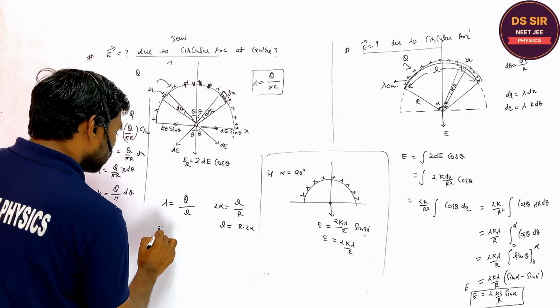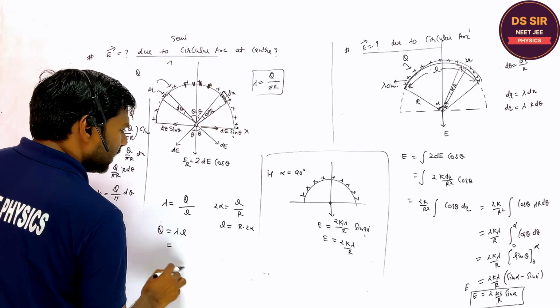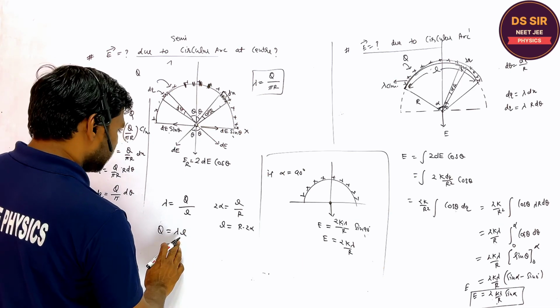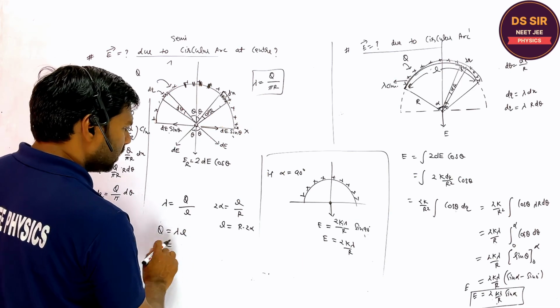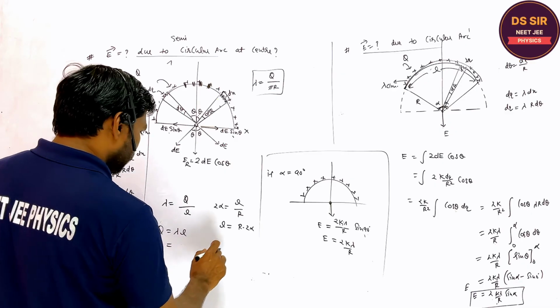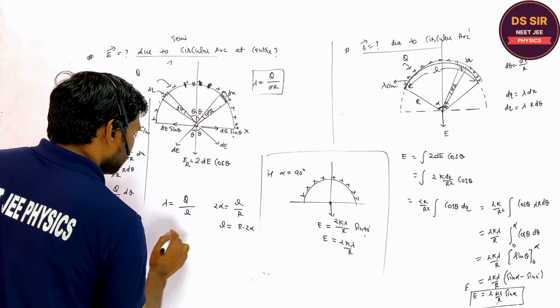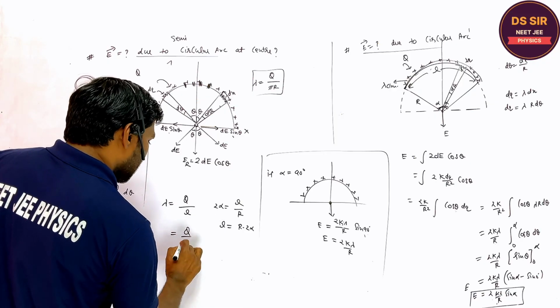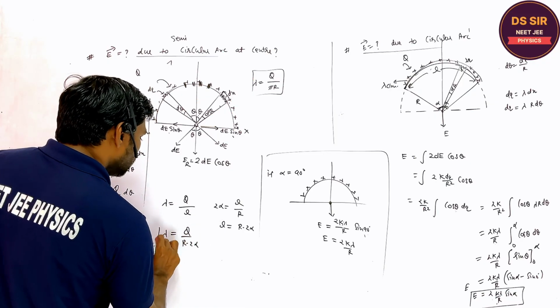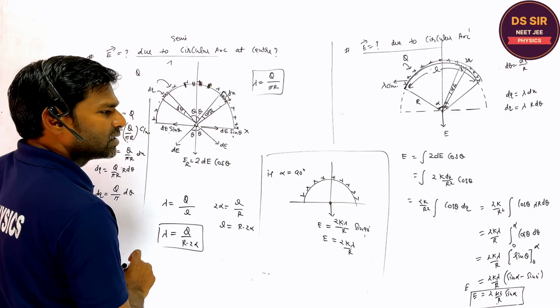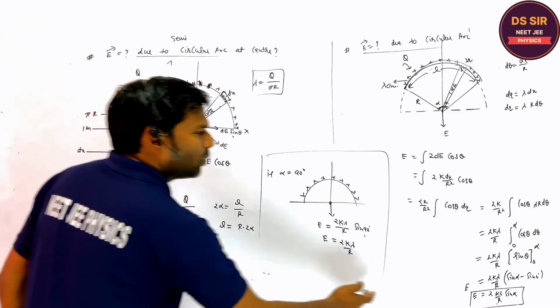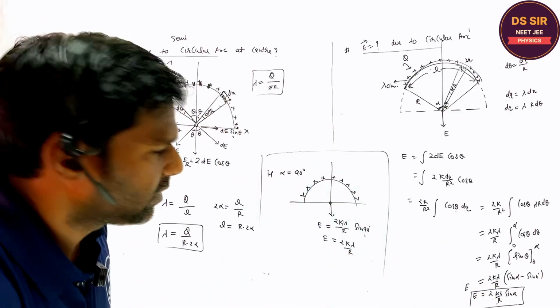So what is the q? Q is equal to lambda into L, and what is the lambda is equal to q by L, and their length is r into 2 alpha. So this is the value of the lambda. Is it clear or not? So you can put the value of the lambda here.